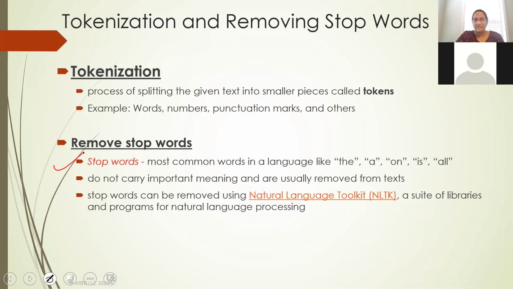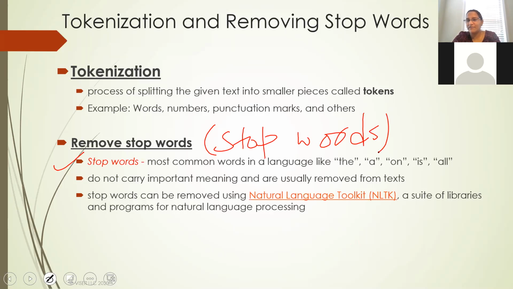Now stop words. There are some words in English which don't add any useful information. The words are the, a, an, is, am, are. They don't add information for the analysis, and they are the most commonly used. So we call them stop words, and these stop words are removed.